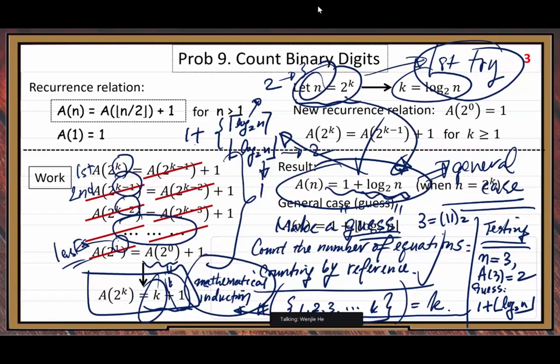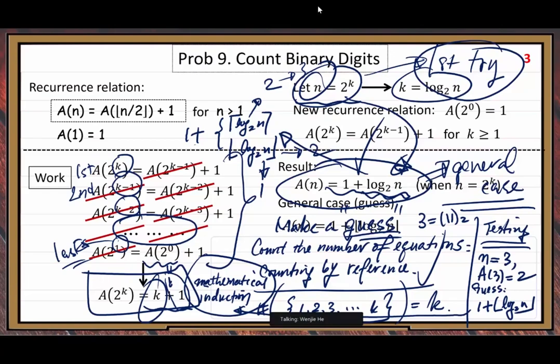Mathematical induction requires that you have the result first. If you do not have the result, you cannot apply mathematical induction. Here, that result is our guess. So we have a guess, then we can apply mathematical induction to show this formula is correct.